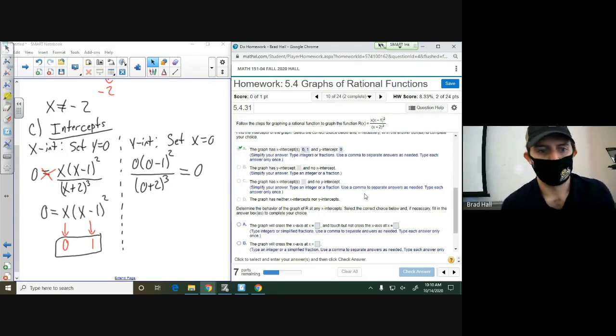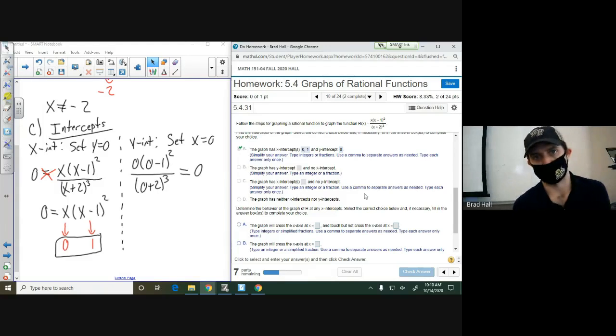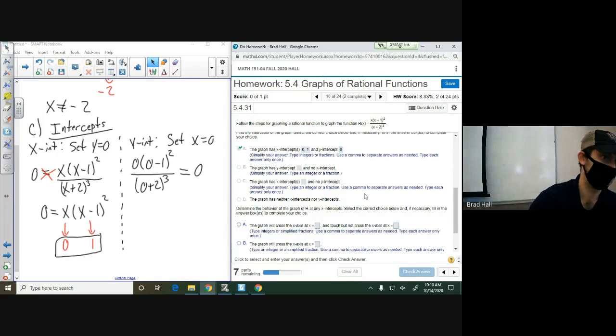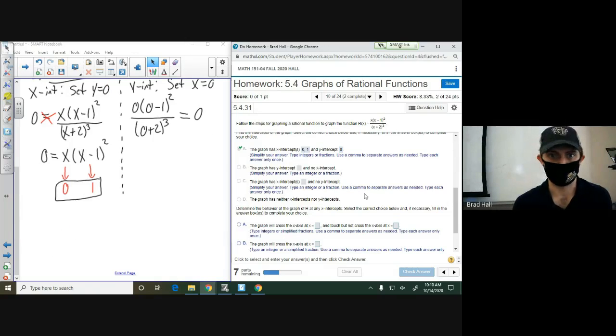Okay. Move on to determine the behavior of the graph at any x-intercepts. We didn't have to worry about this in the last problem because there were not any x-intercepts, but now we have 2 of them. So we need to figure out the behaviors. We'll talk more about this idea of multiplicity. Here it's using the terminology of crossing or touching.